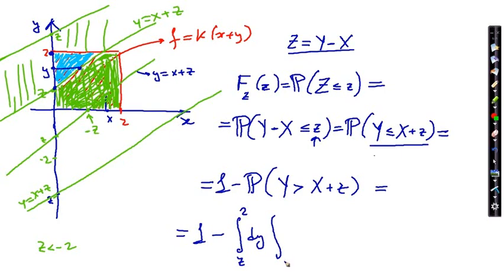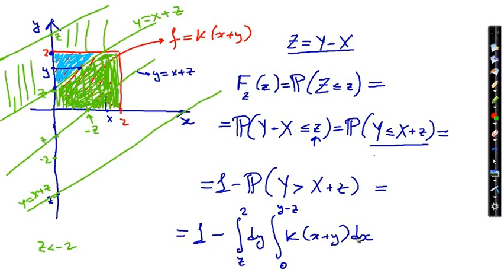This point is 0, and x is running from 0 to the value of x here. Solving with respect to x: x is equal to y minus z, so I will have y minus z. And I'm writing my function k times (x plus y), dx.